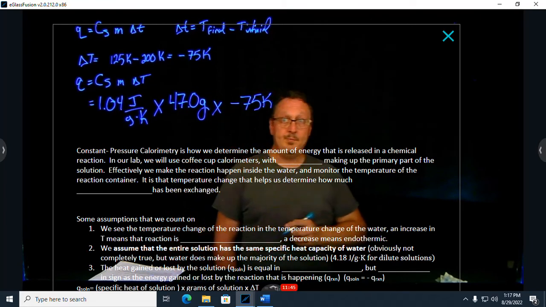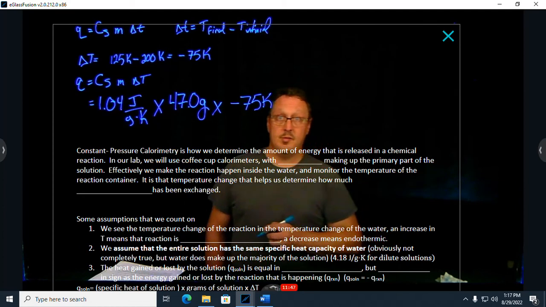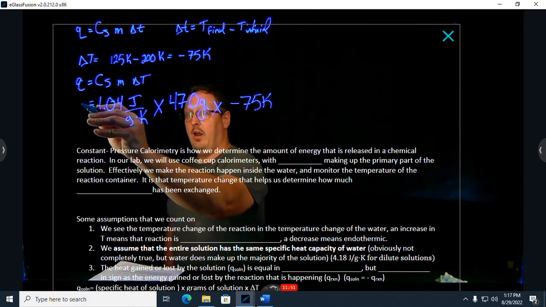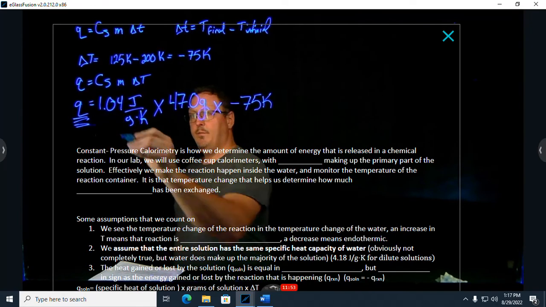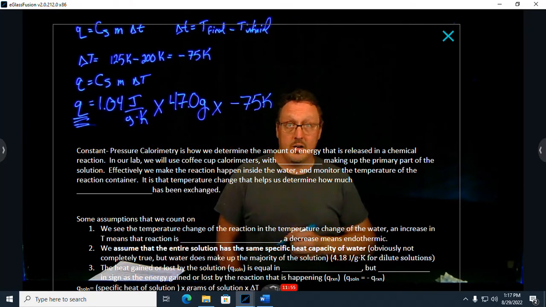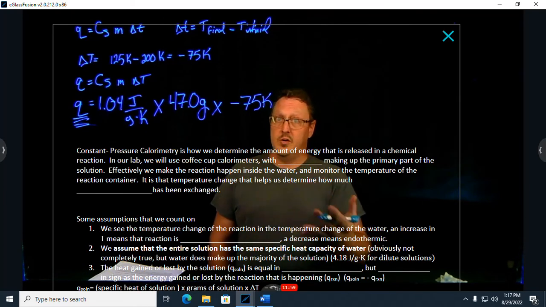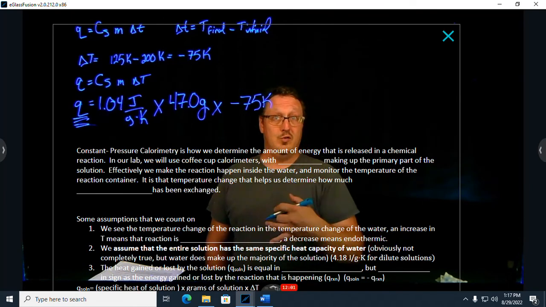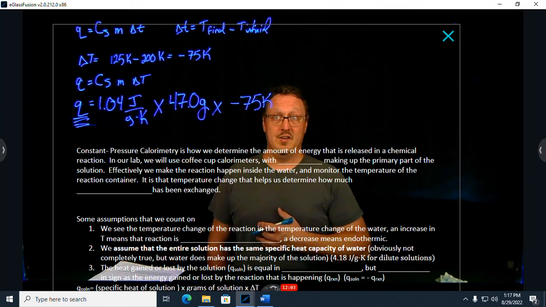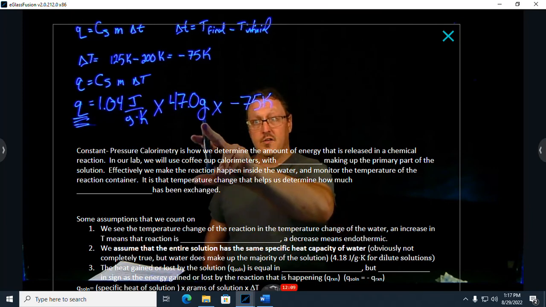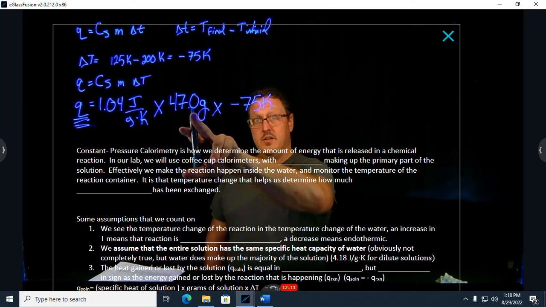Now let's do some dimensional analysis thinking to find out what unit we're going to get. This is a Q, so we gosh darn better get a unit of joules when we're done with this, or some unit of energy. So joules or kilojoules is what we need to get out of this when we're all said and done. Otherwise, we will have all kinds of problems. So let's cross units off. I have grams here in the numerator.